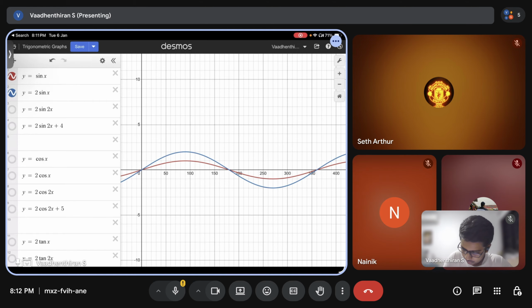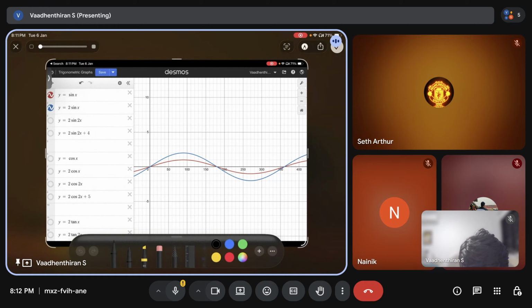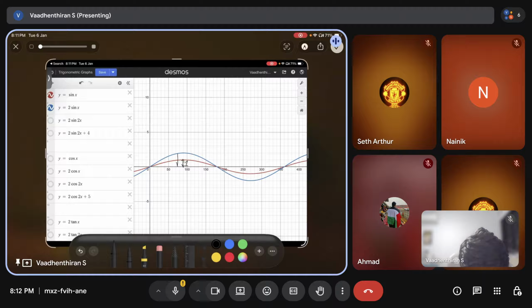Let me take a screenshot. Here you can see that this amplitude is 1, and this amplitude is 2. So the 2 here gives the amplitude of the graph, how much it's stretched up and stretched down.